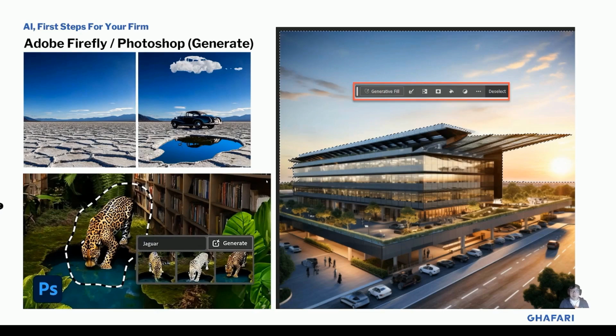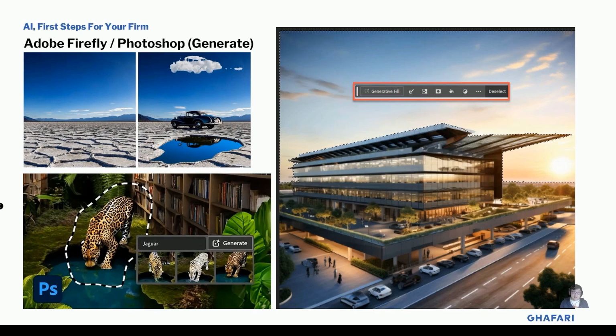And because Adobe has a much bigger, more accurate database, depending on the prompt, you can get a better, more accurate result of filling the blanks with the desired object, desired element placed in.